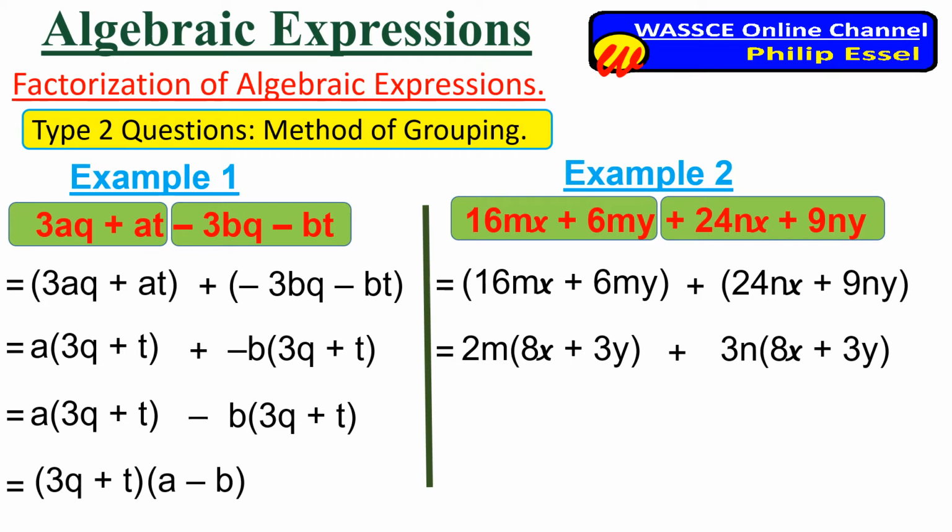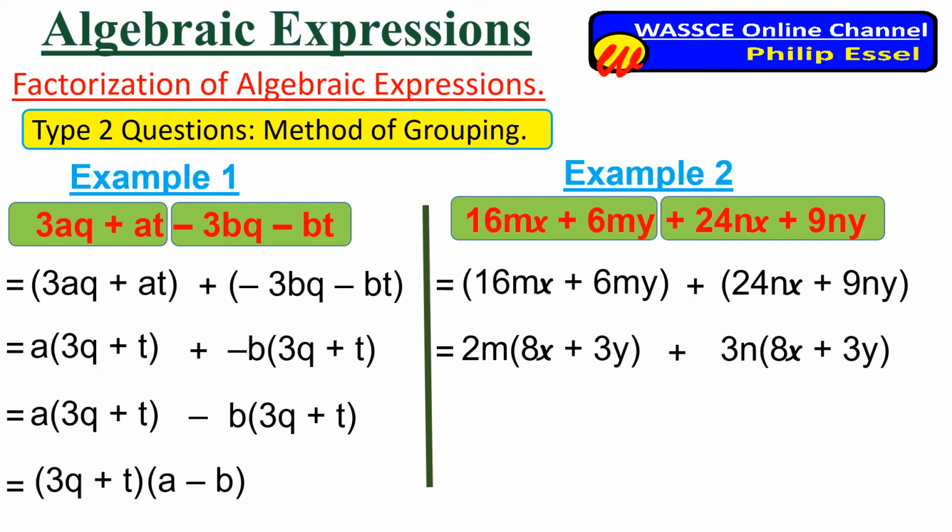At this point, we have two main terms. We have the term on the left side of the algebraic expression and the term on the right side of the algebraic expression, and the two terms are separated by the plus sign.